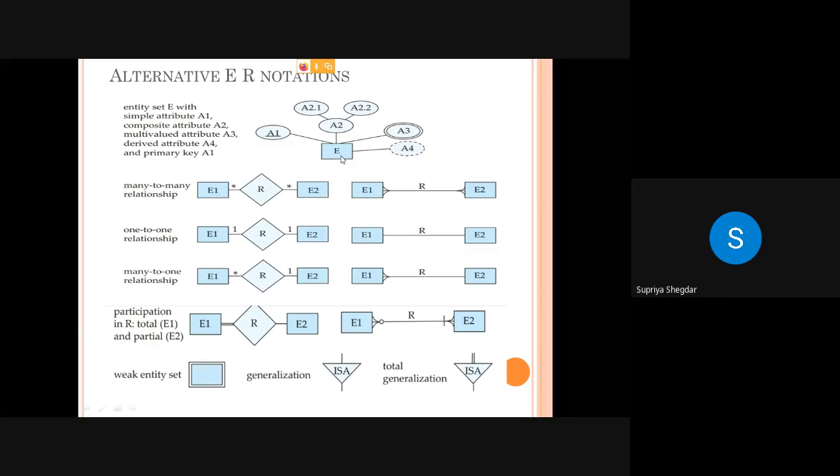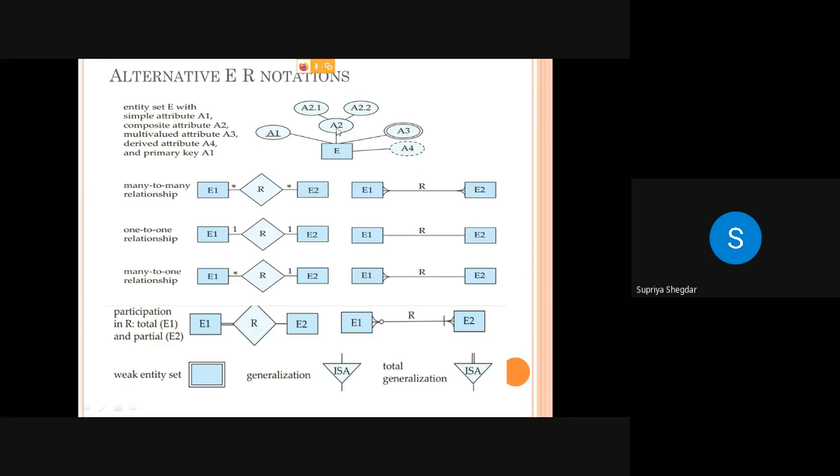Here we can simply give the name of the entity set. Consider the student. In the student entity set, roll number is my primary key, and it is a simple attribute. Then I can write the roll number in the ellipse and underline it. Here A2, the student name, is my composite attribute.